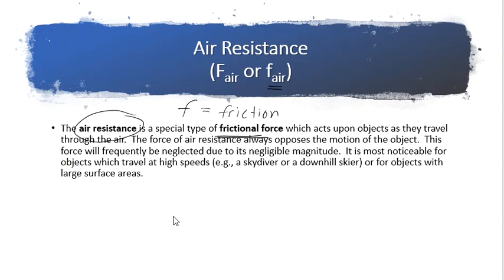So if you are driving a car and you're speeding up at 80 miles per hour, the air exerts an air resistance against you.